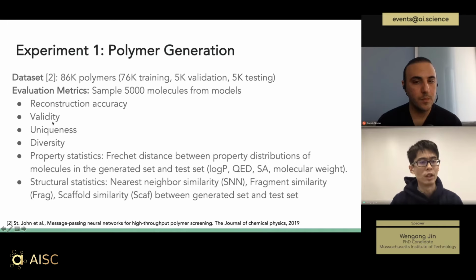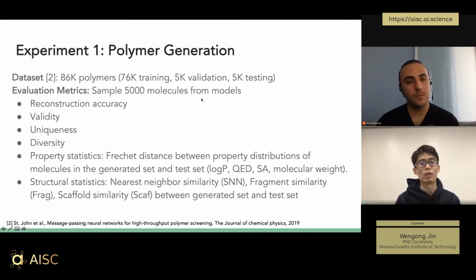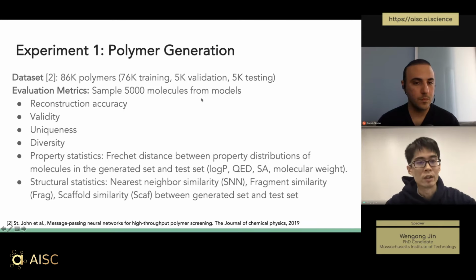We also measure the validity of the sampled outputs, counting how many of the 5,000 molecules sampled from the model are valid. We also count the uniqueness, saying among these 5,000 molecules, how many of them are unique. We also compute the diversity of the sampled molecules by computing the Tanimoto distances between different molecules.